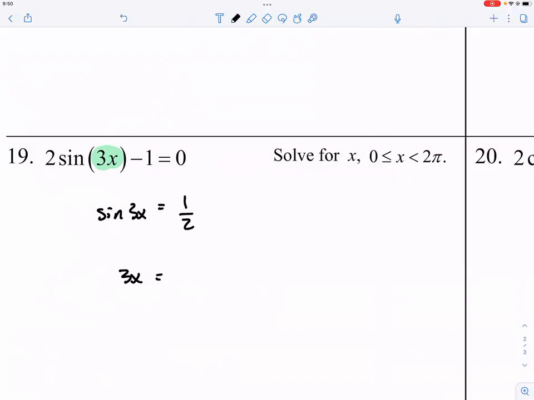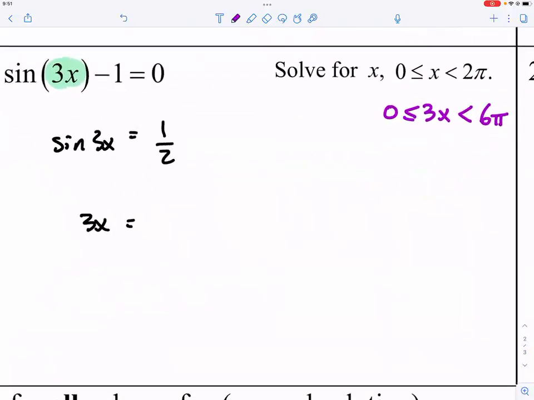So because of this, we will have to change our domain. Well, from x to 3x, that means you have to multiply everything by 3. So instead of from 0 to 2 pi, you would consider the domain from 0 to 6 pi. Okay.